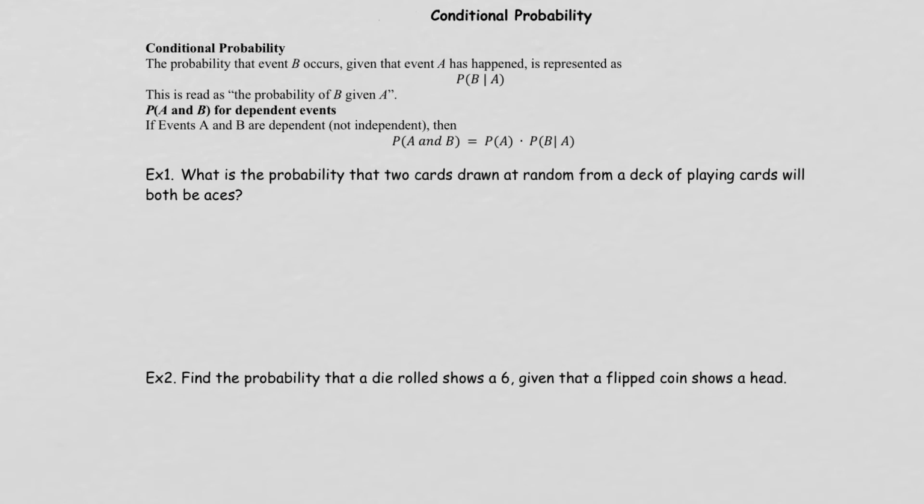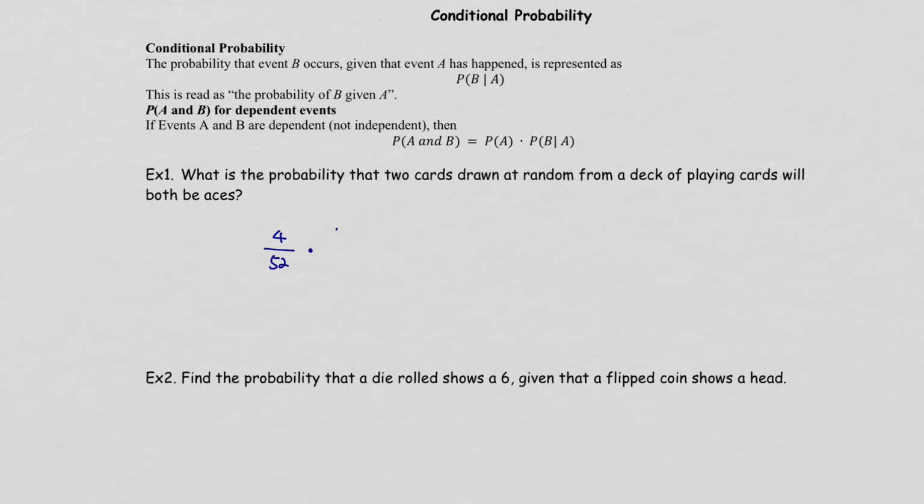So you're going to find your probability this way. The first time it's happening is going to be 4 aces out of 52. And then you multiply this by the second time, where you are assuming you already got one ace out of 4.